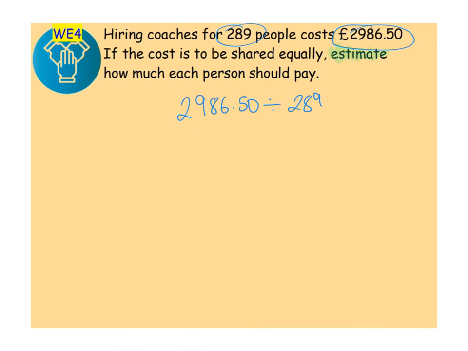So instead of using these values, I'm going to use rounded values, and I'm going to round to one significant figure again. So halfway between these values is 2,500, and this value is about here on the number line. So I'm going to use 3,000.